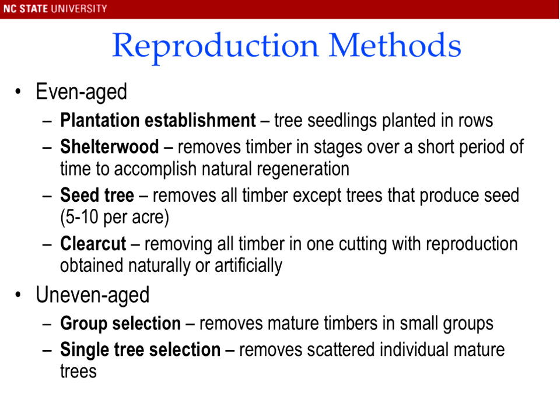So some examples of reproduction methods to achieve even-age stands would include plantation establishment, shelterwood, seed tree, and the practice of doing a clear cut ahead of these three methods: plantation, shelterwood, seed tree.